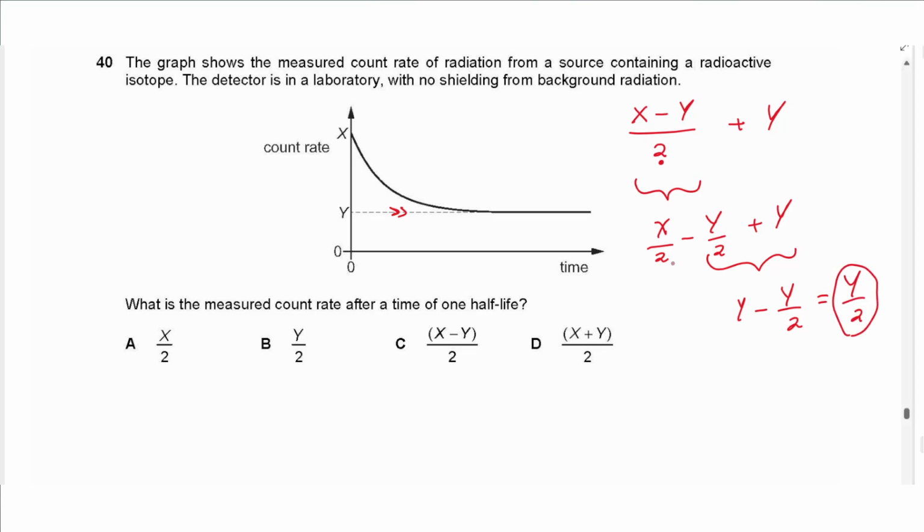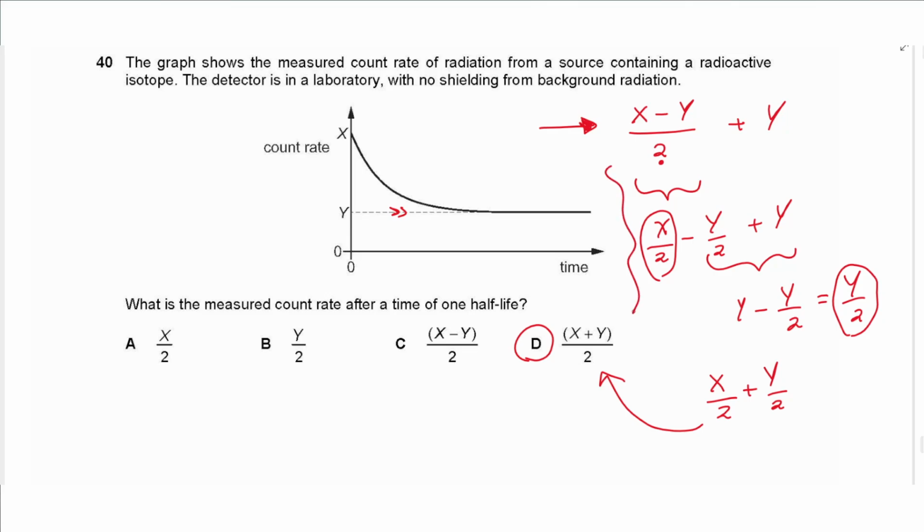Taking this and this, that gives a final answer of x over 2 plus y over 2. So the answer is D, 2 taken as a common denominator. This last part was actually about mathematics, not about physics. This was the extent of the physics in this question. Then the rest was calculations, but we reached the final answer anyway.